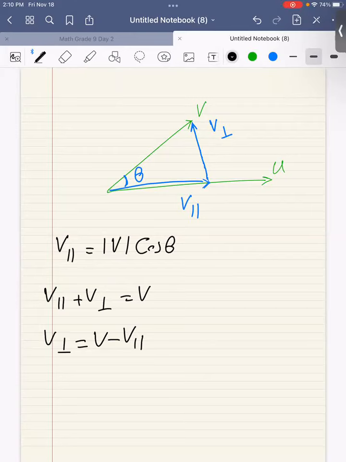Which angle is the 90 degrees? Theta is the angle between v and u. So you have two vectors like this. You want to find the parallel component of the red one, which is this one, and the perpendicular component.